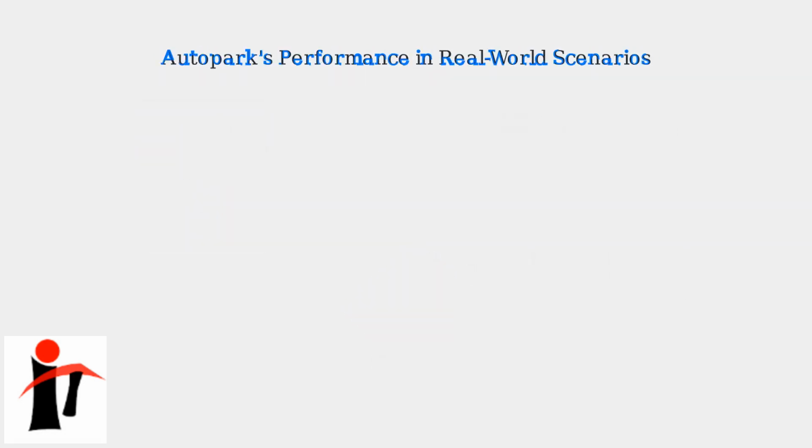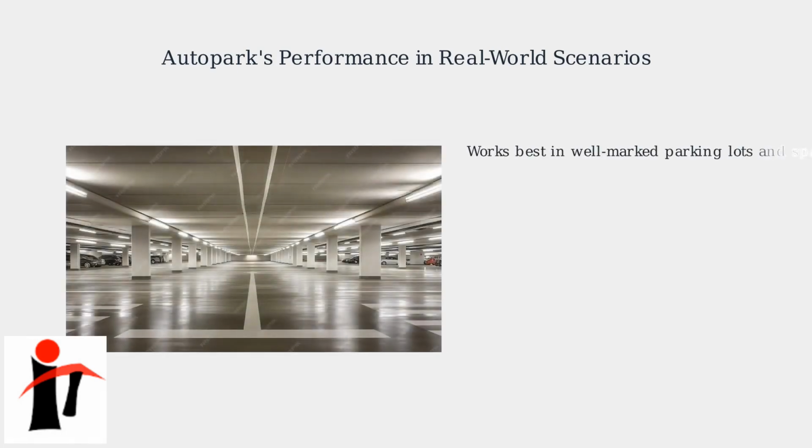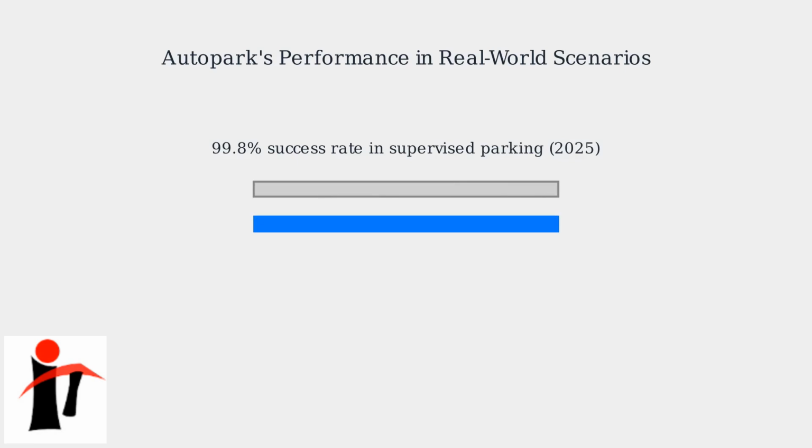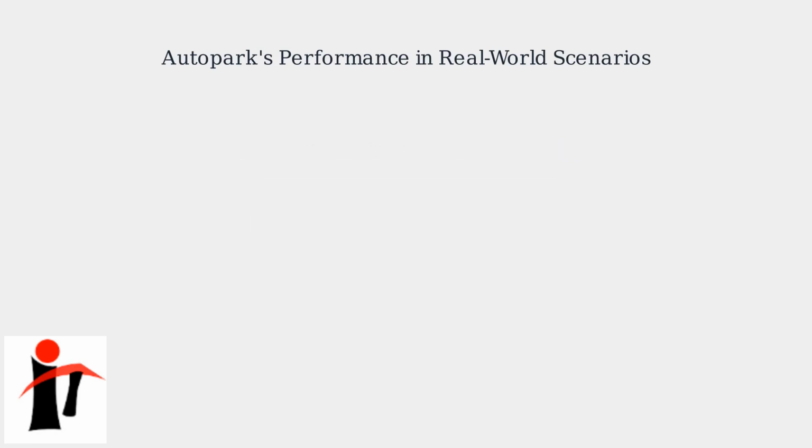Autopark's performance varies across different real-world scenarios, with optimal results in well-designed parking environments. Autopark works best in well-marked parking lots and spaces, where clear markings help the system identify suitable spots accurately. In 2025, Tesla reported a 99.8% success rate in supervised parking scenarios, demonstrating high reliability when conditions are favorable.